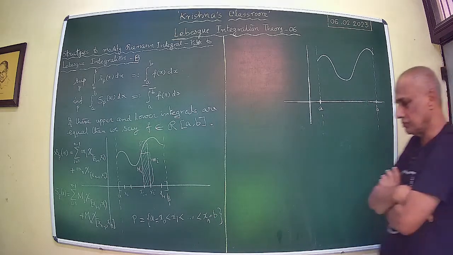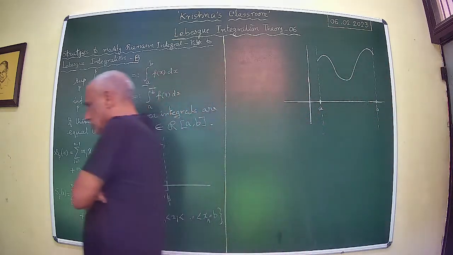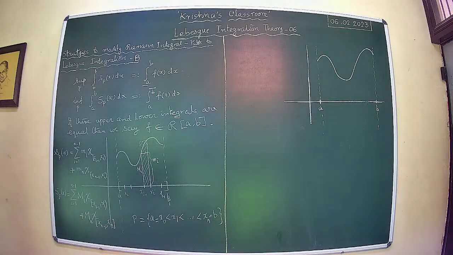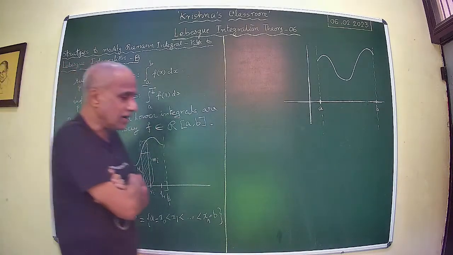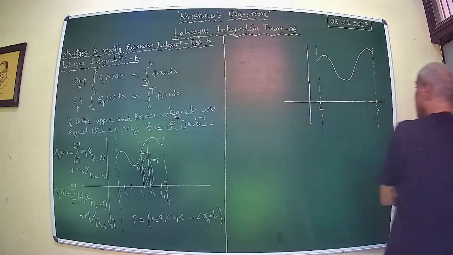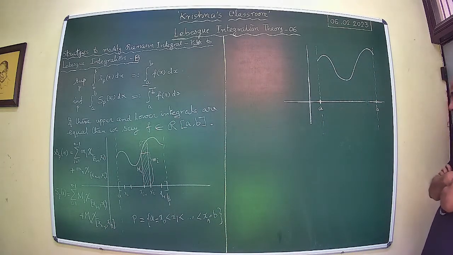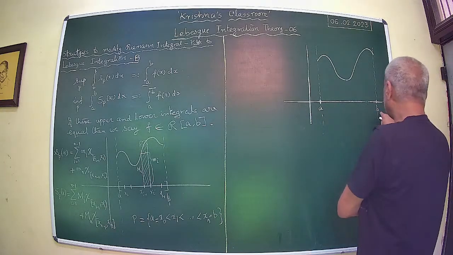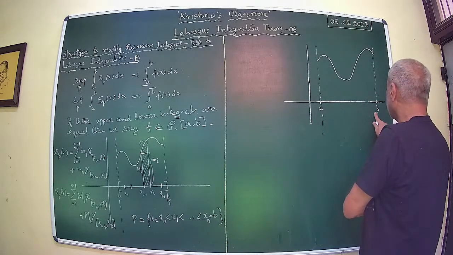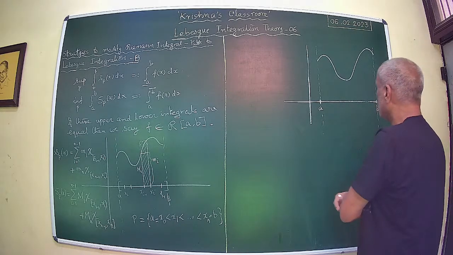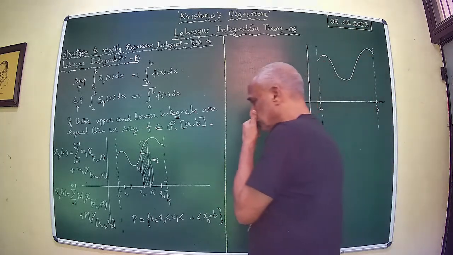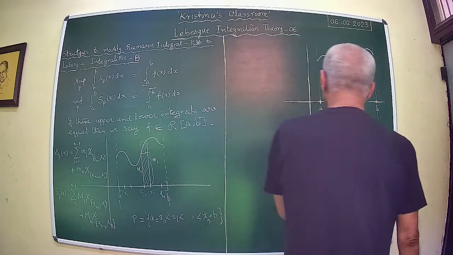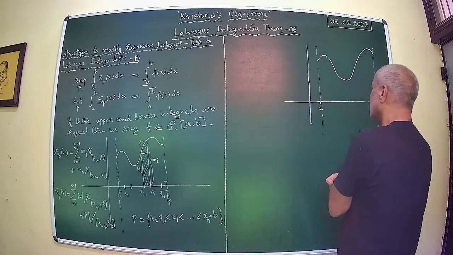It's not necessarily true that you have to be working with continuous functions or anything, but for explaining what is going on, we'll use this graph. Now, instead of dividing the domain into disjoint intervals, we start working on the range.